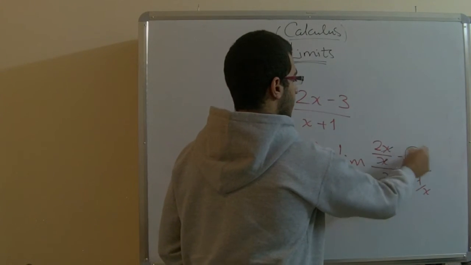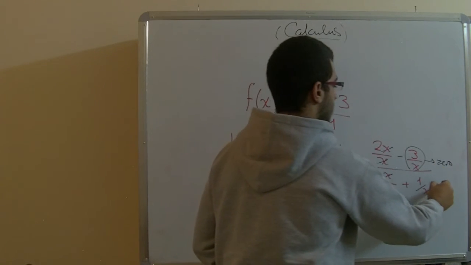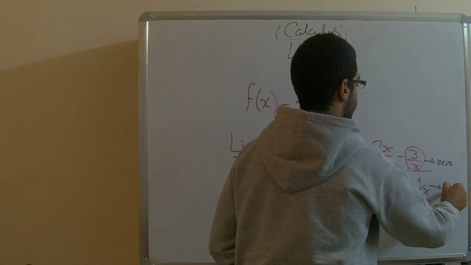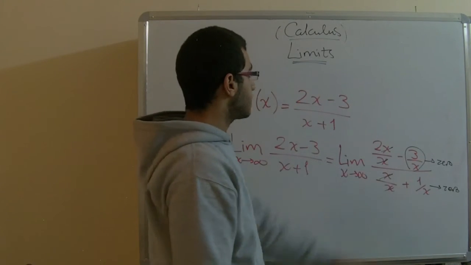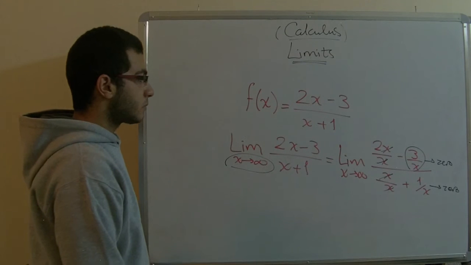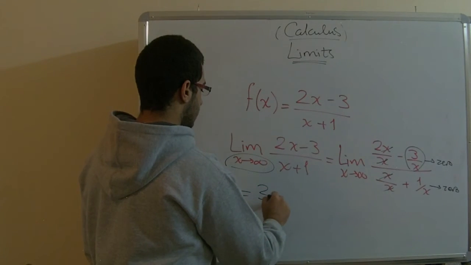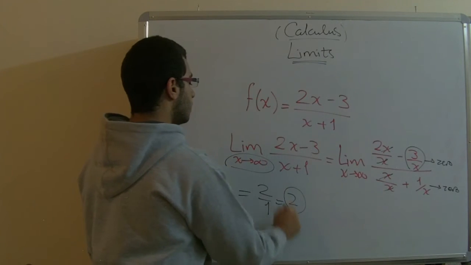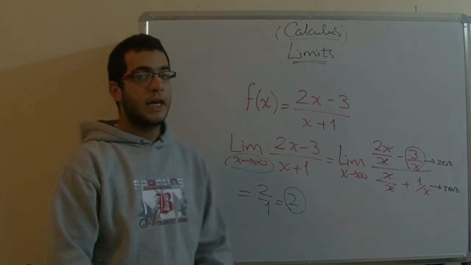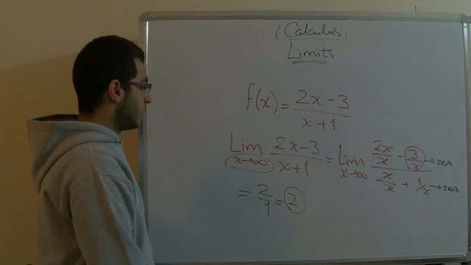And here, this would give us a 0, and this also would give us a 0. Any term over x, when x approaches infinity, gives us a 0. So the answer will be 2 over 1, which gives us 2, which is the right value that f(x) approaches when x approaches infinity.